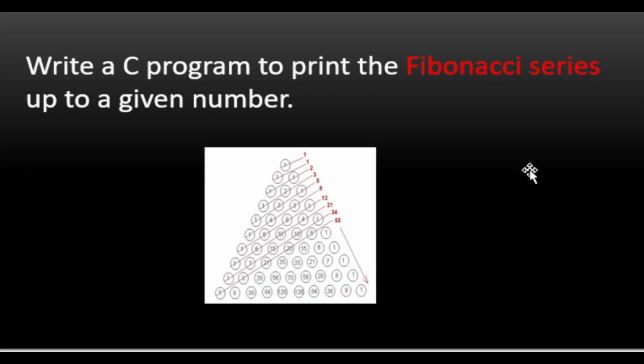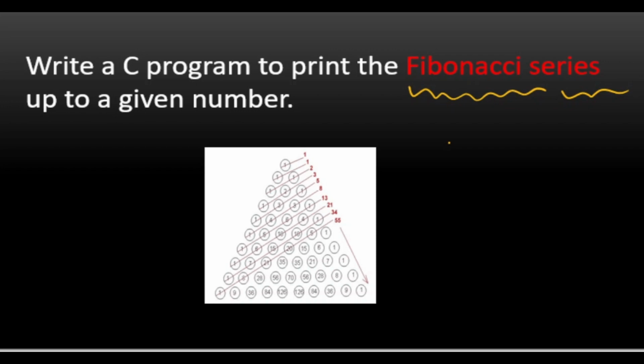Now, write a C program to print the Fibonacci series up to a given number. First of all, what is the Fibonacci series? You need to know what is meant by the Fibonacci series.